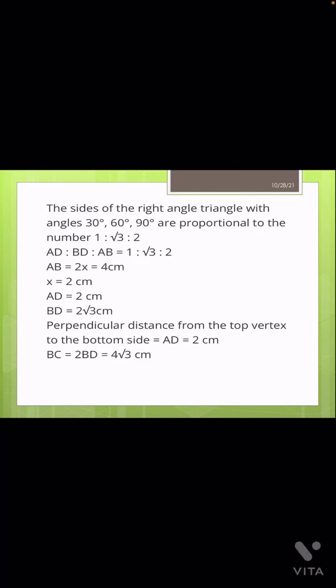So what will be the area? Area is equal to half into base into height. It is half into 4 root 3 into 2, which will be 4 root 3 centimeter square. Hope you understand.